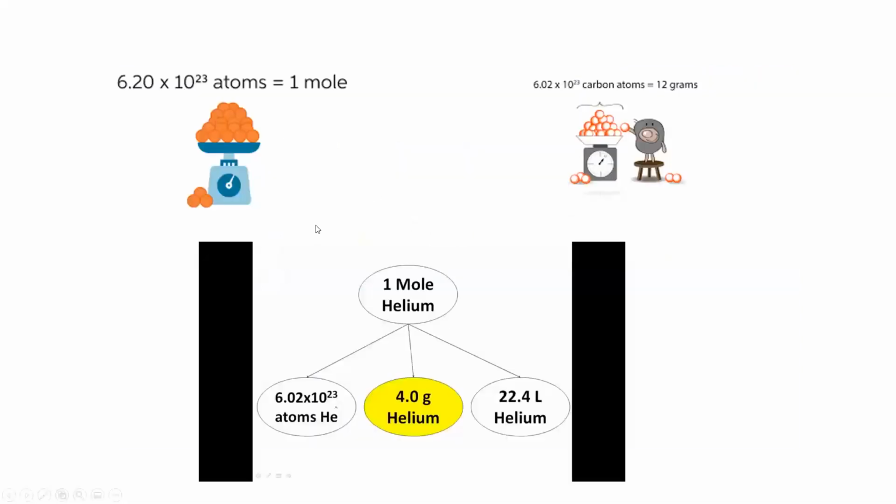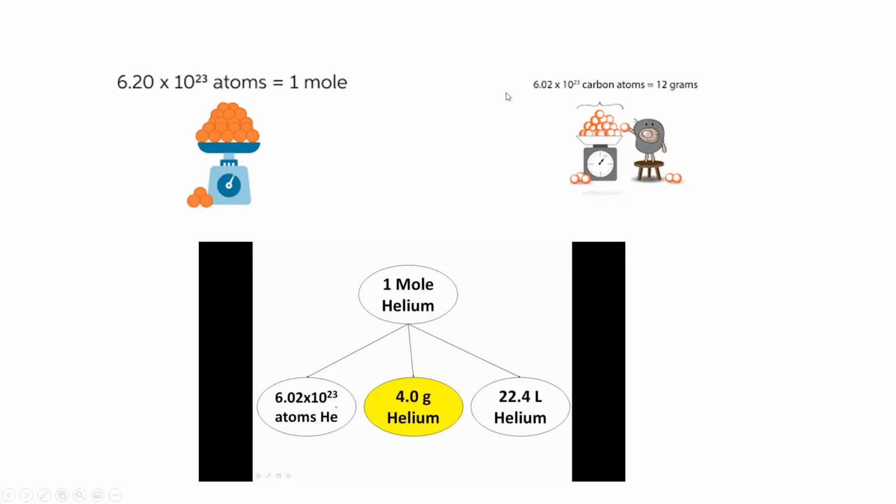We can go from mole to number of atoms, and we can say that 1 mole has 6.02 times 10 to the 23 atoms of anything. It could be oxygen, hydrogen, no matter what type of atom it is.